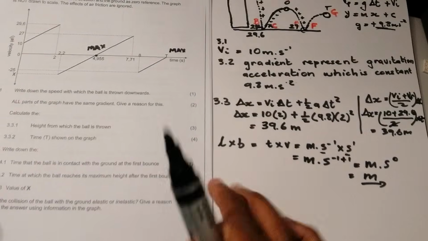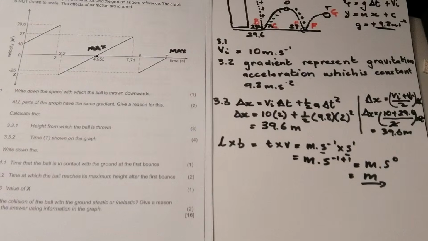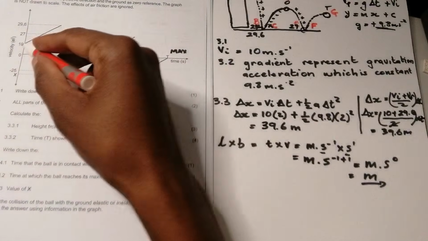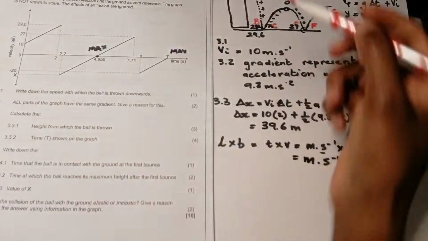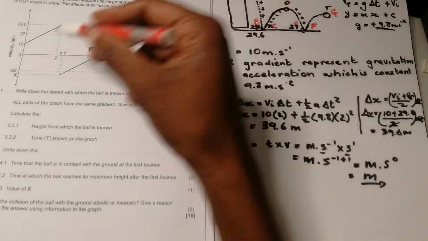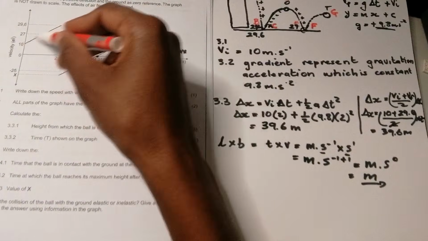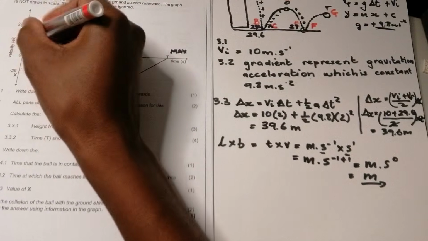Now look, what shape do I have underneath my graph? Remember, it's between A and B, from this point here to that point there when it landed on the ground. What shape do I have under this graph?